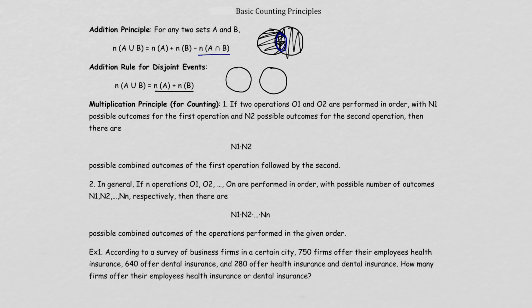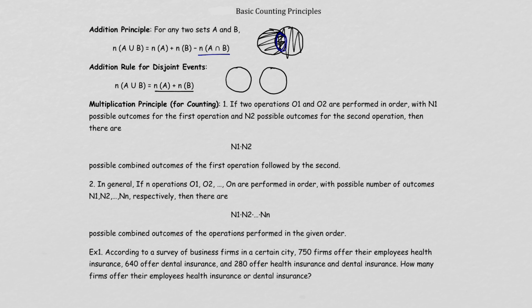And we have the multiplication principle. What's the multiplication principle? If two operations are performed in order, then the outcome is going to be found by multiplying.